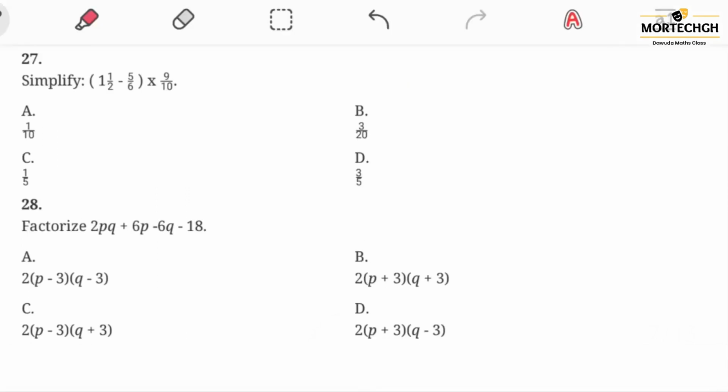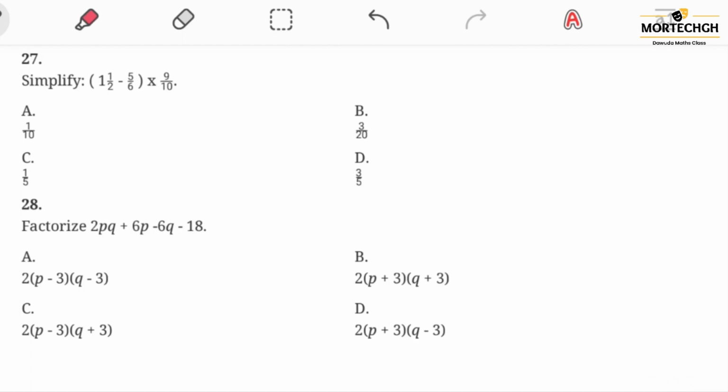Question 27. Simplify 1 whole number 1 over 2 minus 5 over 6, in brackets, multiplied by 9 over 10. This is BODMAS, right? We use BODMAS to answer questions like this because it involves both brackets and different operations, multiplication and subtraction.